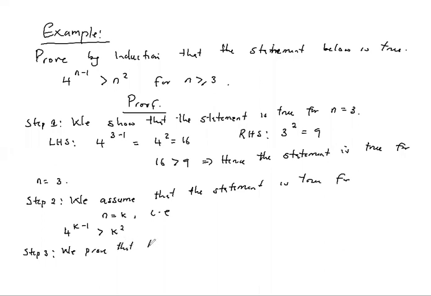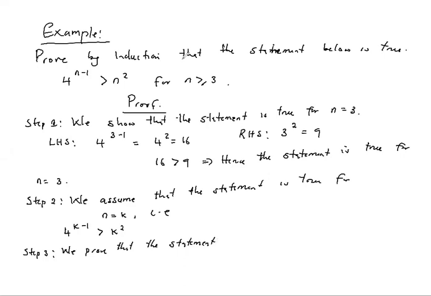Sir, before we proceed, I'm a bit lost. Can we go back to step 1, the part where we have 9 and 16? What is making it true? Because 16 is greater than 9. Oh, we are following the condition where n should be greater than or equal to 3.